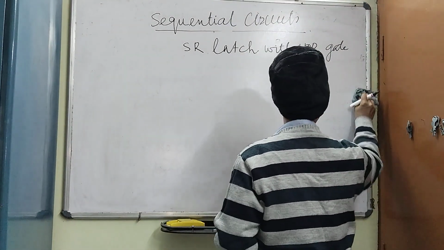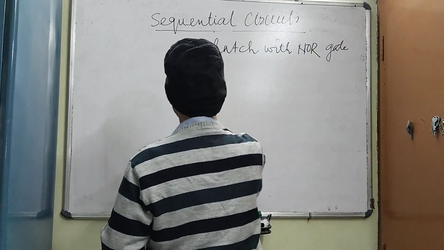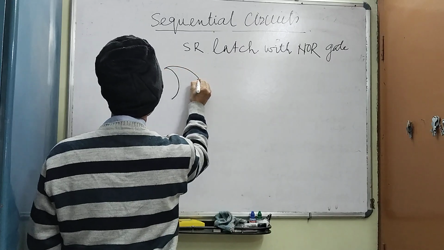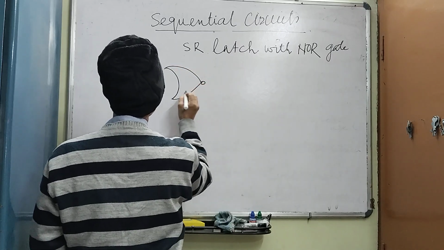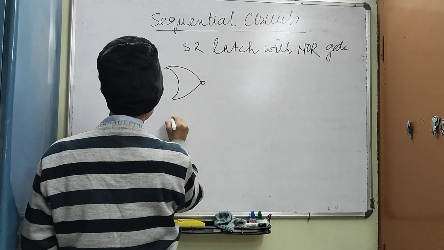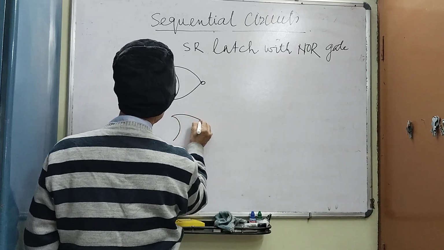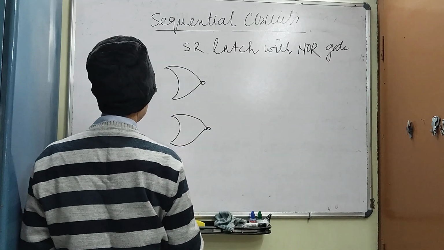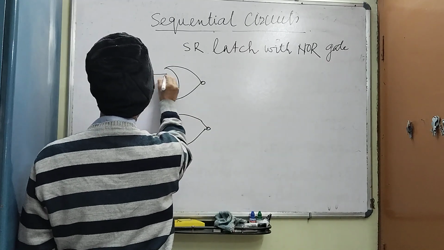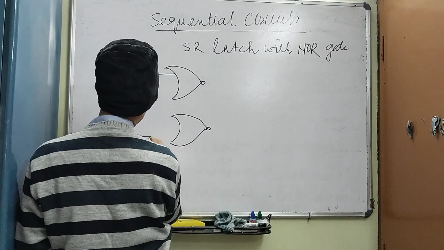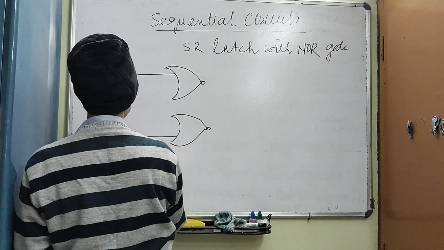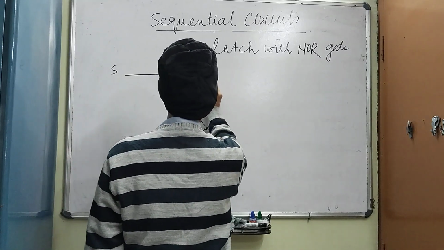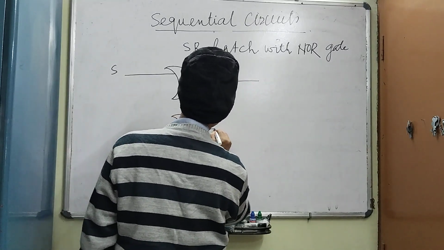For the symbol, there are two NOR gates. One input is S and the other is R. So this is the S input and this is the R input, and this is one output and this is another output.